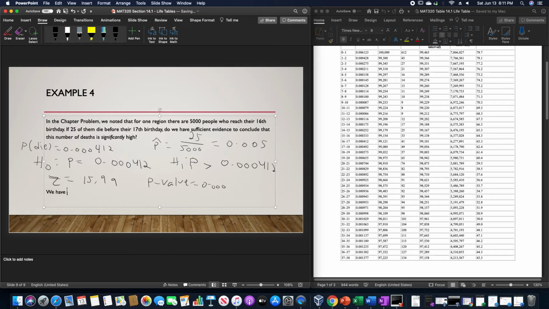So we have sufficient evidence to support the claim that the proportion of deaths is significantly greater than the proportion that is usually expected for this age interval.